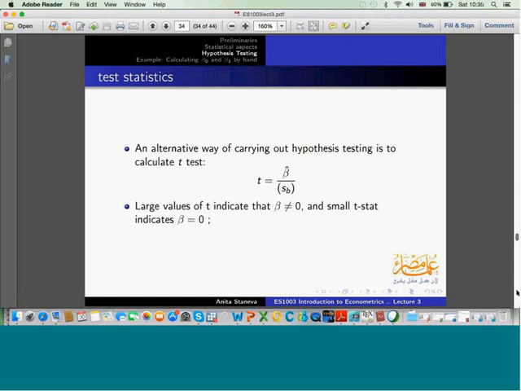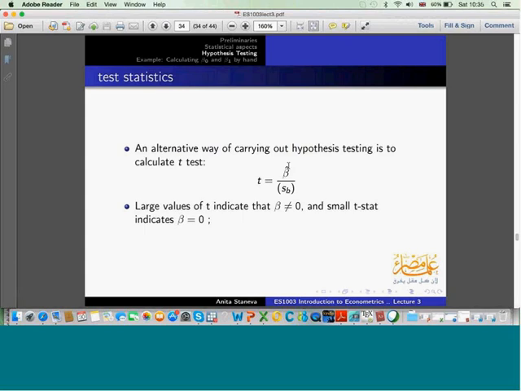Another way to carry out hypothesis testing for this beta is to calculate the t-test statistic. In the case of testing if beta is equal to 0, we use the test statistic, which is given as the ratio of the estimated beta hat over the standard error.